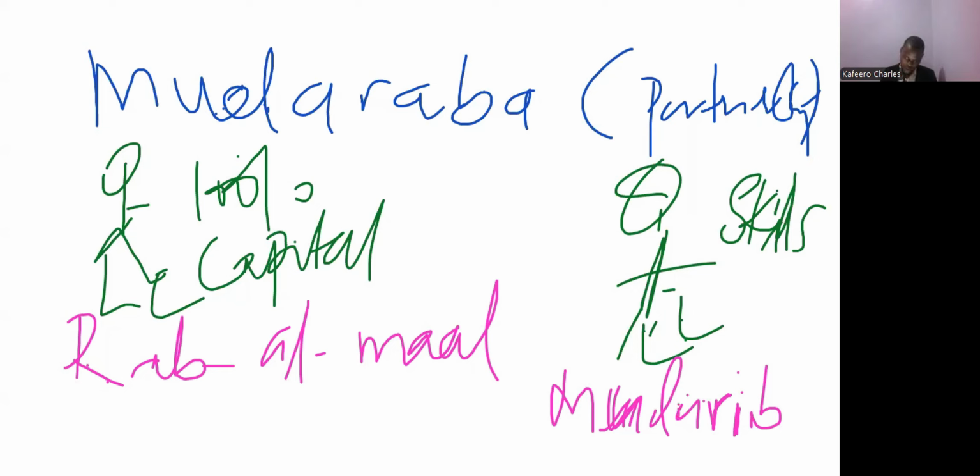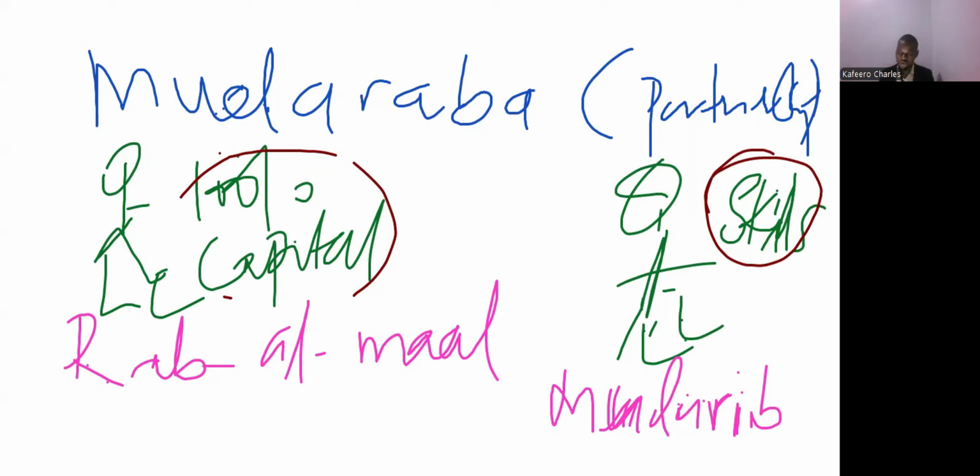So now what's going to happen is that these two people, this one is bringing 100% capital, and the Mudarib is bringing 100% managerial skills. And now the partnership is mainly between two people, and it's called a Mudaraba contract.